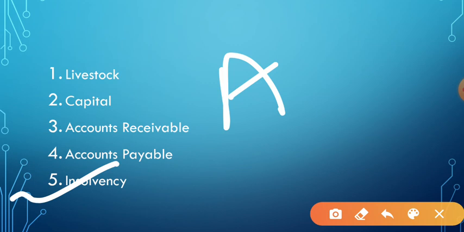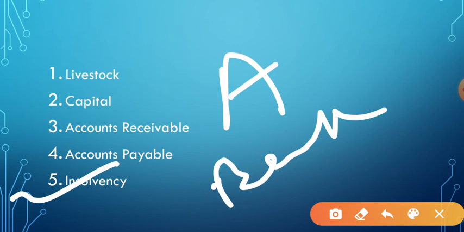Now he cannot pay his bank, suppose bank loan, or he cannot give money to his creditors. Now he cannot pay any debts on time. So in that case, we can say Mr. A has become insolvent. That means his financial condition has become so poor that he is not capable of paying his debts also.